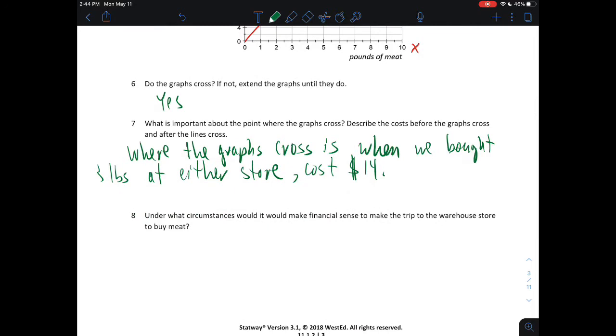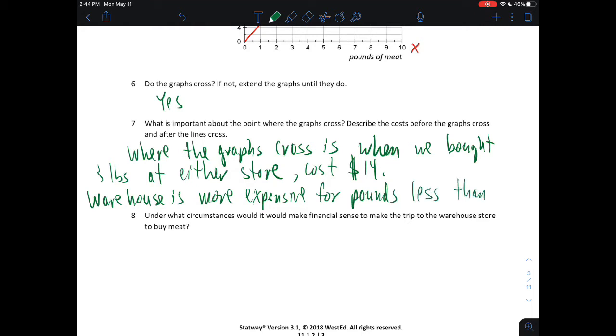So we can summarize this and say warehouse is more expensive for pounds less than 3. But then it becomes cheaper after that. All right, so you might think, oh, it's not worth it to go to that store unless I'm buying more than 3 pounds of meat. And there you go. That's what we just figured out.